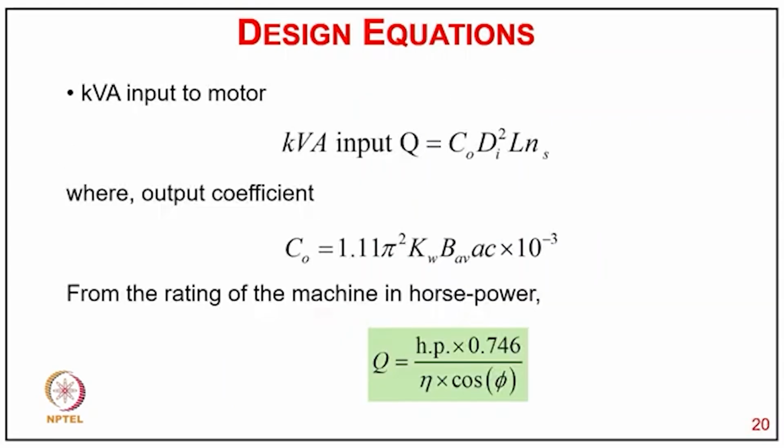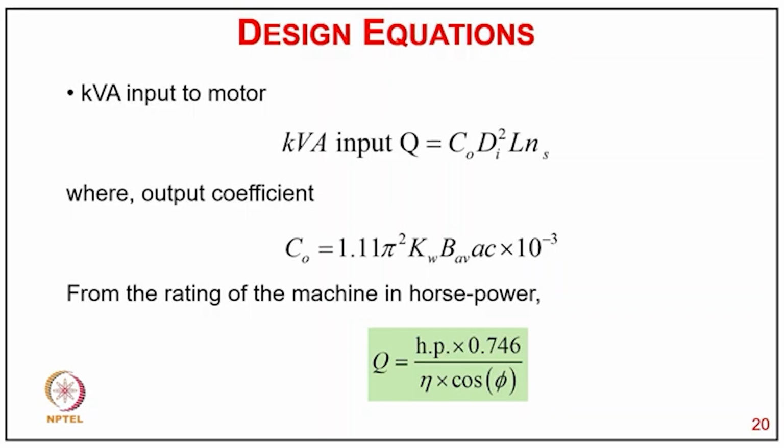So the kVA input to the motor is Q equals C0 D square L NS, where the output coefficient C0 is 1.11 pi square Kw B average AC into 10 power minus 3. For the rating of the machine in horsepower, this Q can be calculated from HP into 0.746 to convert into kilowatt, divided by efficiency and power factor, eta and cos phi.